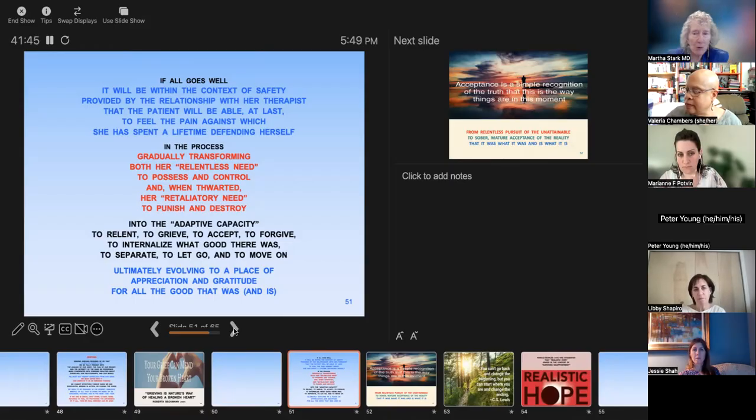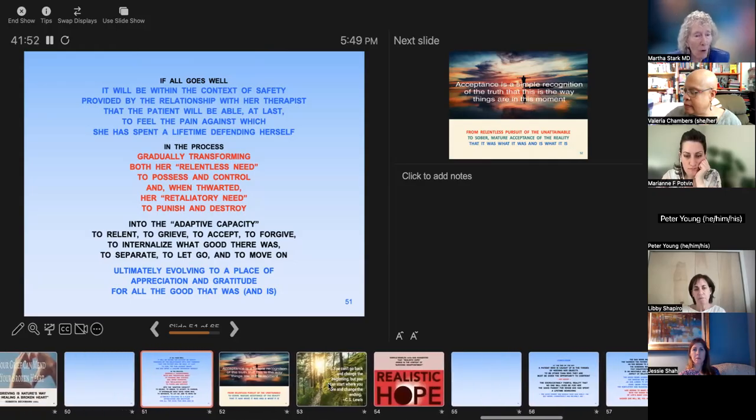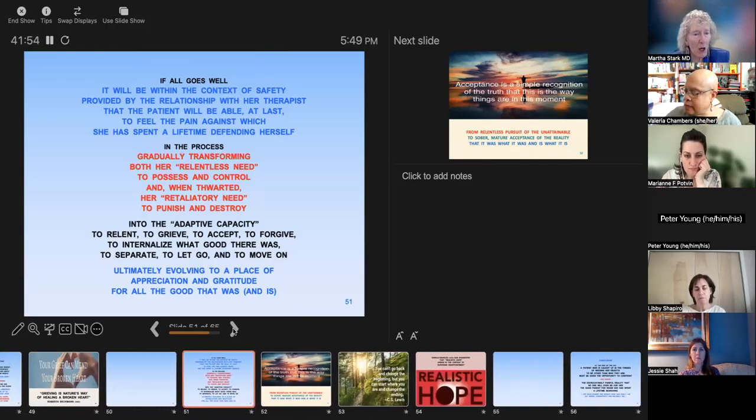In the process, gradually, incrementally, step by step, it transforms both her relentless need to possess and control, and when thwarted, her retaliatory need to punish and destroy, into the adaptive capacity to relent, to grieve, to accept, to forgive, on some level to forgive. The question becomes, if it's really that bad, you have to forgive.